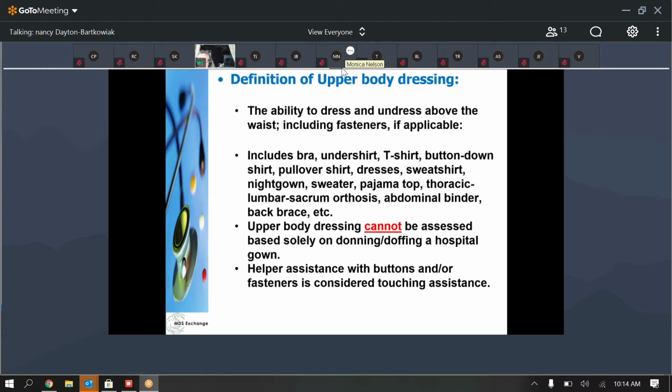Upper body dressing cannot be assessed based solely on donning or doffing a hospital gown. Helper assists with buttons and or fasteners is considered touching assistance. So in other words, if they're able to put their legs into each pant leg and pull them up, but the helper is having to pull the zipper up or button, that would be touching assistance.